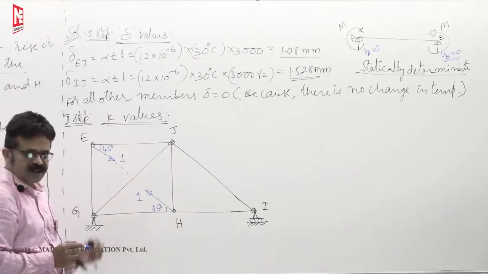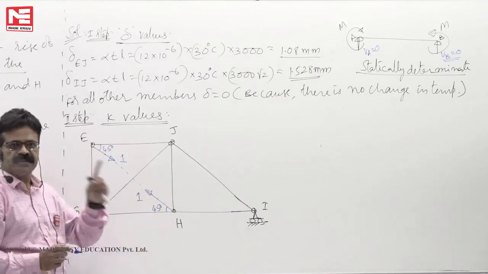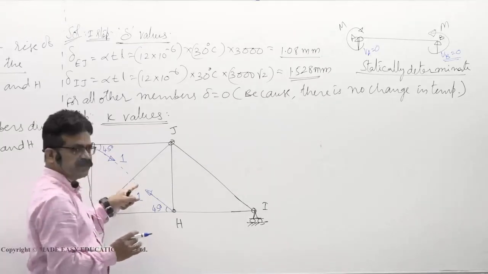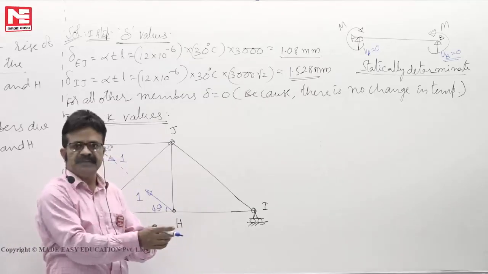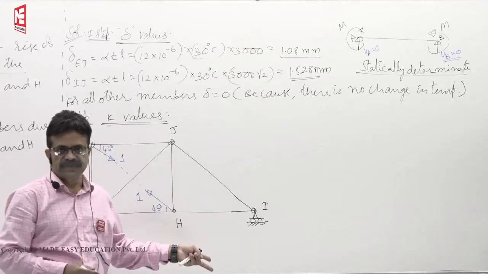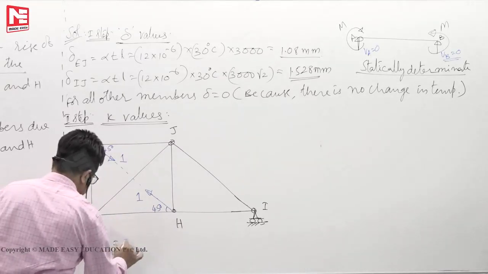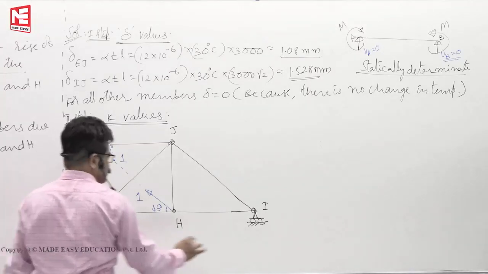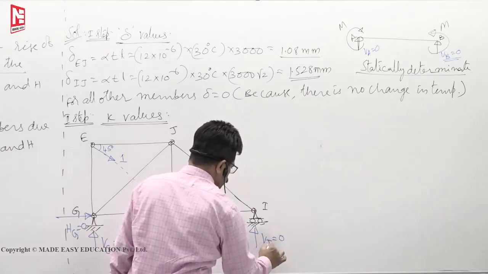Because it is a statically determinate structure subjected to a system of forces, two unit loads, that is, a group of forces acting along the same direction, they are in equilibrium. Sigma x 0, sigma y 0, no couple is also forming by these two loads. So, Vg is equal to 0, Hg is also 0, Vi is also 0.